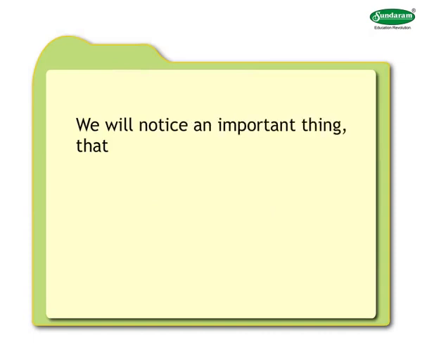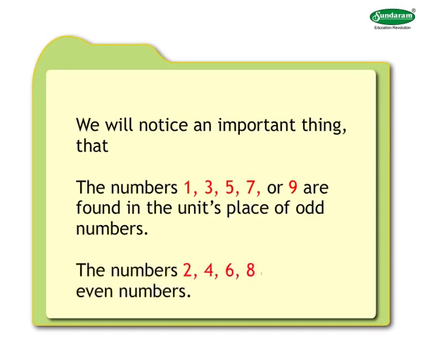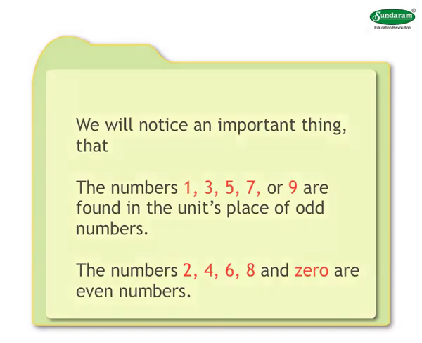We will notice a very important thing, that the numbers 1, 3, 5, 7 or 9 are found in the units place of odd numbers. The numbers 2, 4, 6, 8 or 0 are found in the units place of even numbers.